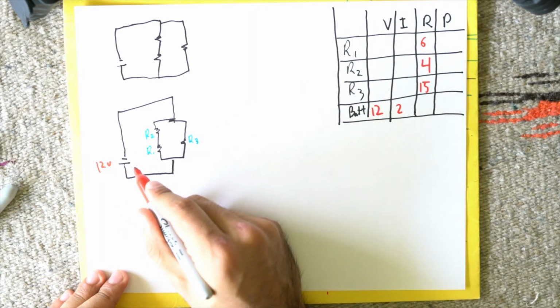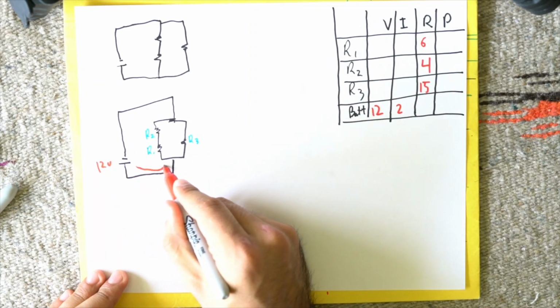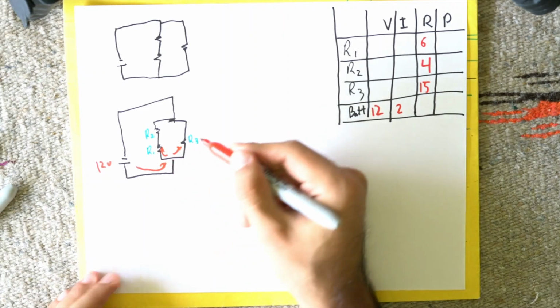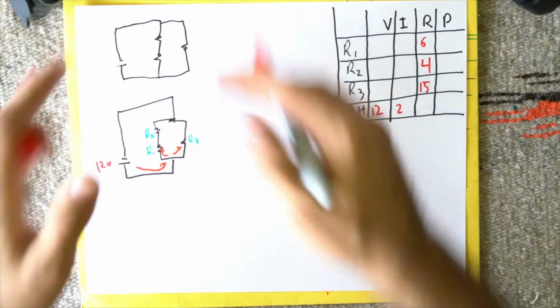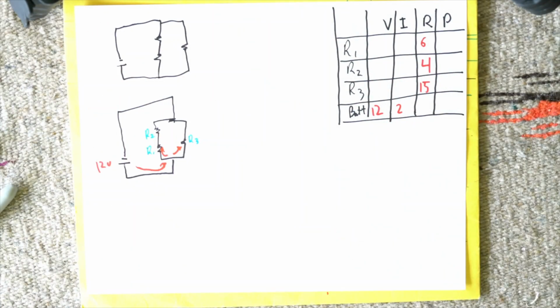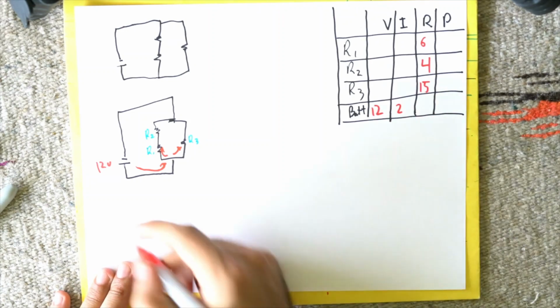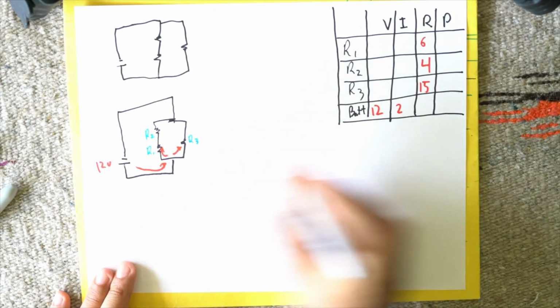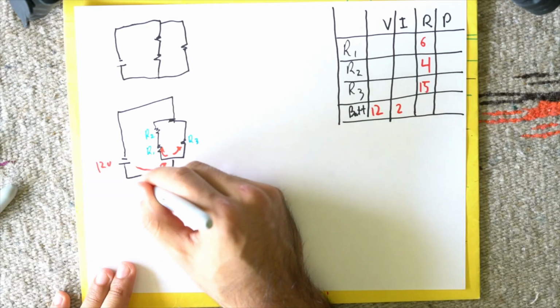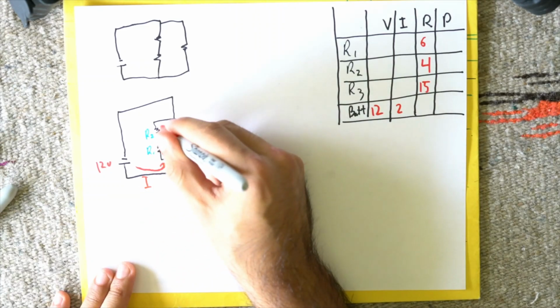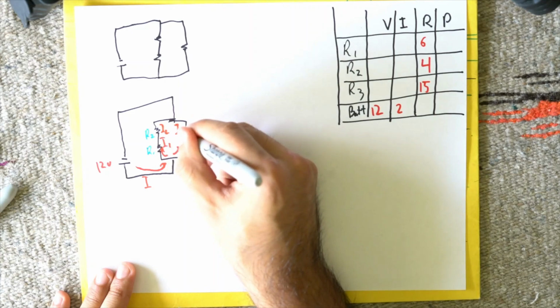There should be a current coming out of the battery that will split up this way and this way as well, and then it would converge later. We already know the current coming out of the battery. It is 2. I'm just going to call this I. We could call it I battery, but I'm just going to call it I. And then right here we can call it I1 and then I2 and I3.